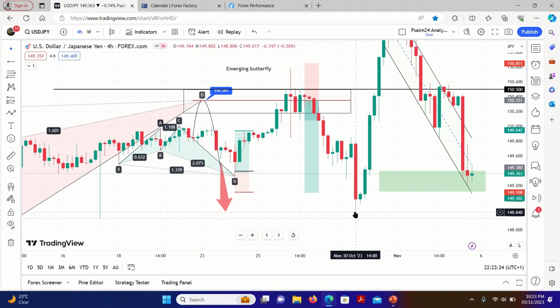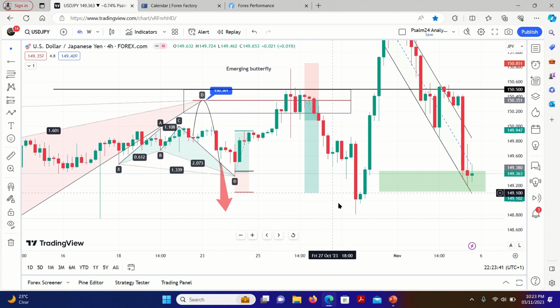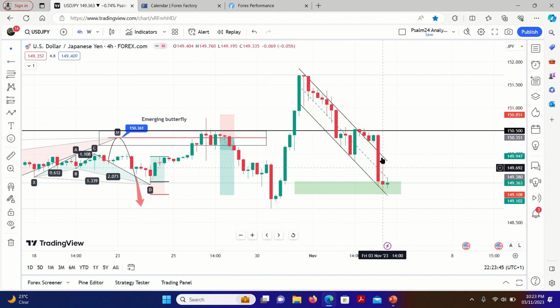The market gave us further move to the downside, but we were comfortable with 2.5 RR, and then there was a reversal. So we started tracking this reversal, and we saw that the bearish move is actually fitting into a bearish channel, and then we may see a slight reversal to the upside from here.